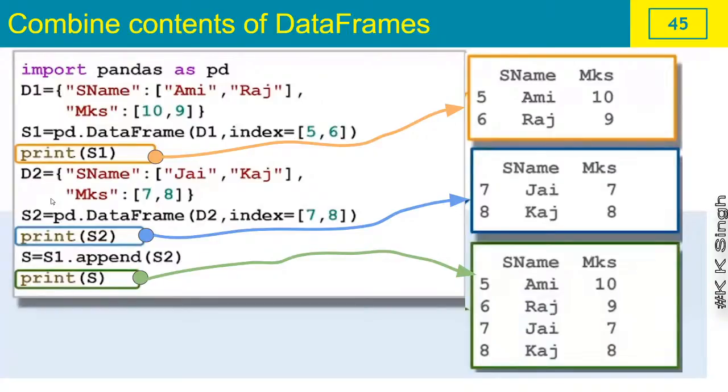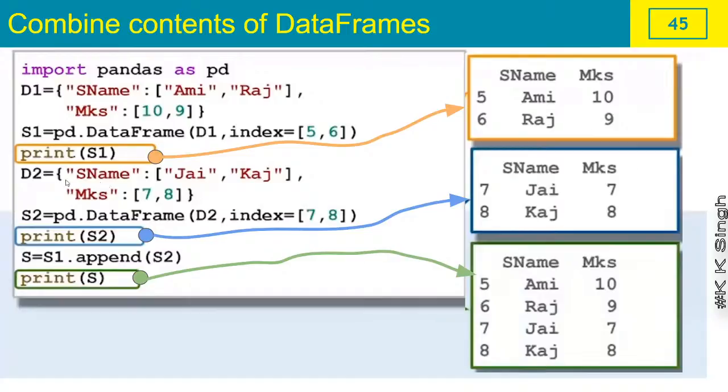Now here I am going to modify the values, but J and Kaj, these two columns, data items are not available in the existing data frame. That is why they will be added to the data frame D1.